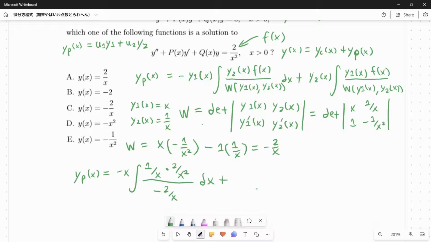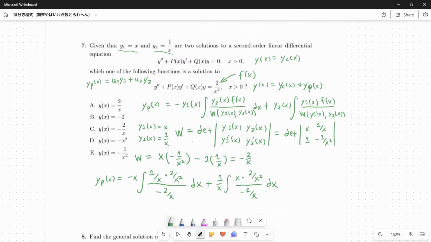And then we have to tack on the second integral, so that's going to be 1 over x times the integral of x times 2 over x squared times negative 2 over x. If I'm not mistaken, and I didn't make any setup errors here, I think that is correct. Yeah, okay, that's correct.